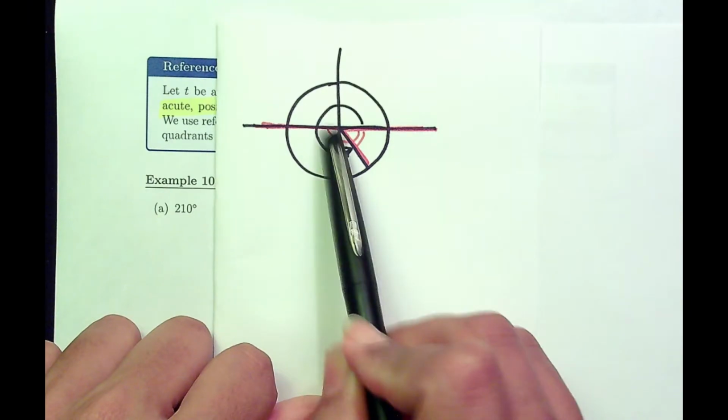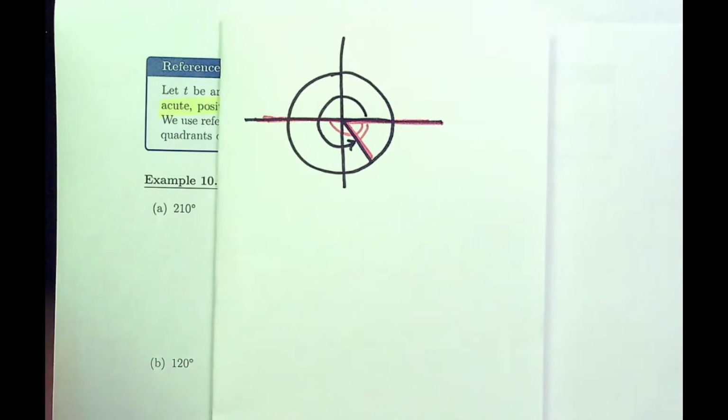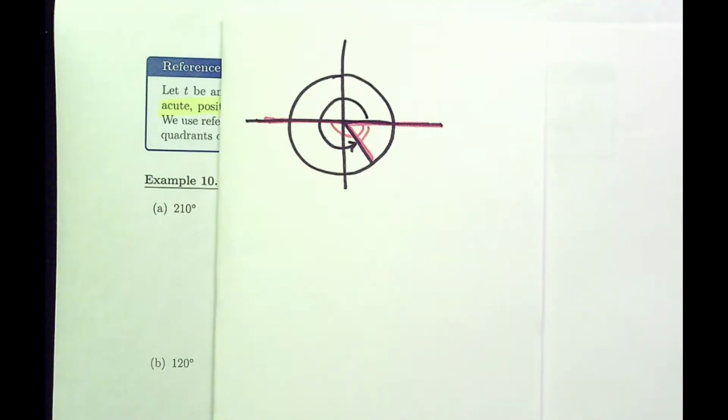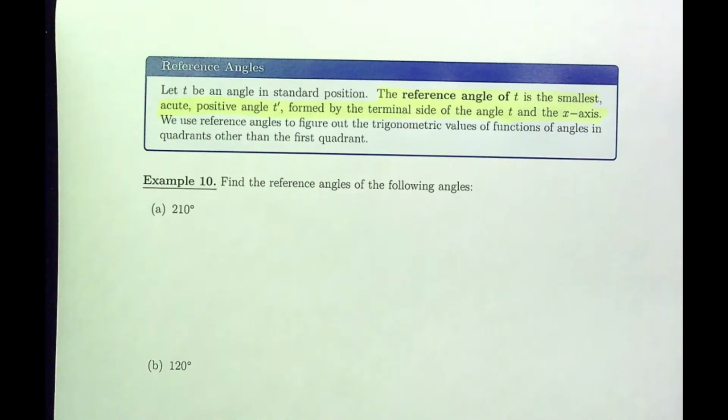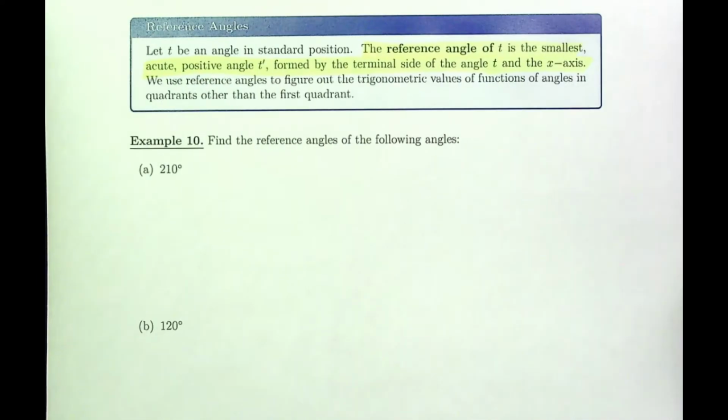The smallest of the two is the reference angle. In this case, it would be this one. So wherever you are on the plane, you just have to consider the two angles formed between the x-axis and the terminal side of your original angle, and whichever of the two is the smallest one, that's your reference angle.